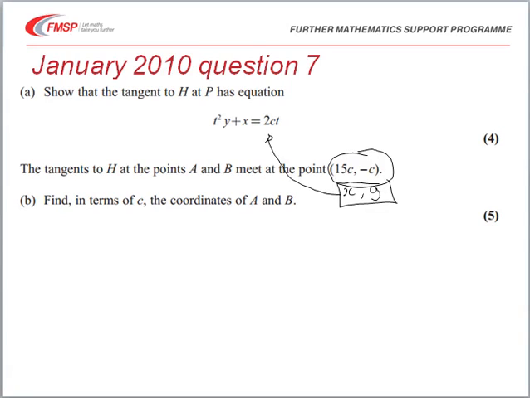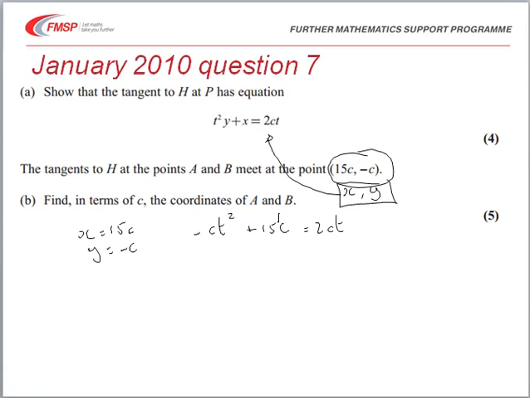So using those values, the fact that x is equal to 15c and y is equal to negative c in the equation of the tangent gives us that negative c multiplied by t squared plus 15c is equal to 2ct.